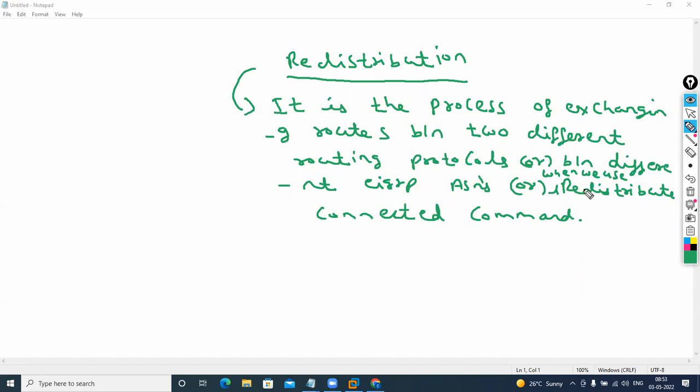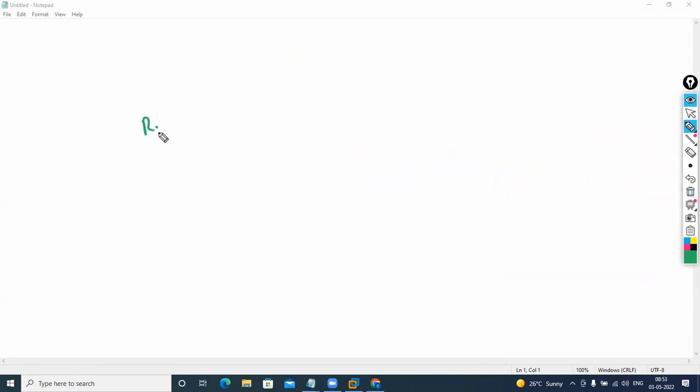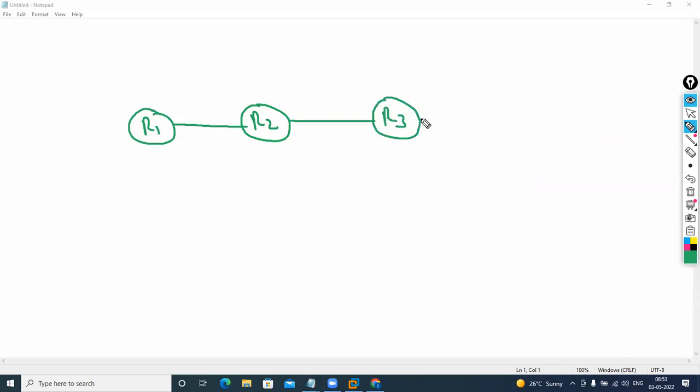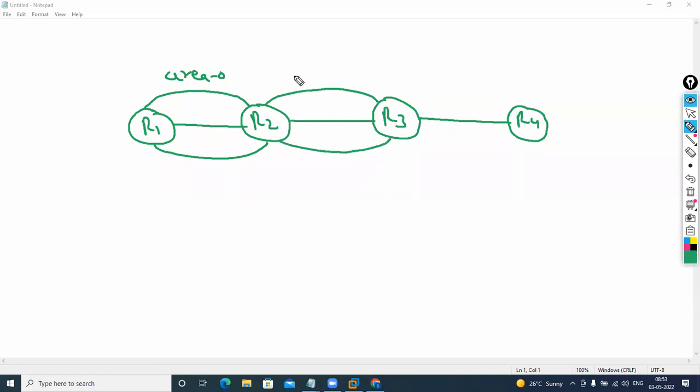Now we'll do a lab. We have R1, R2, R3, and R4. These two are in area 0, these two are in area 1, and these two are in EIGRP ASN 1.